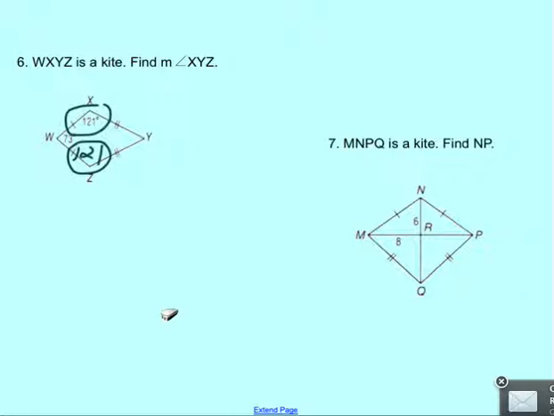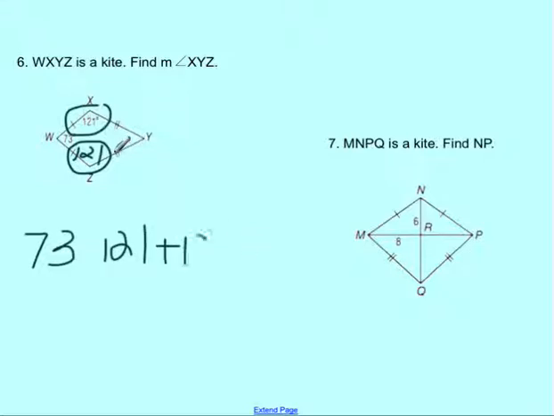So we have 73 plus 121 plus 121 plus whatever this angle is, and all of that needs to add up to 360. So let's solve that for x.